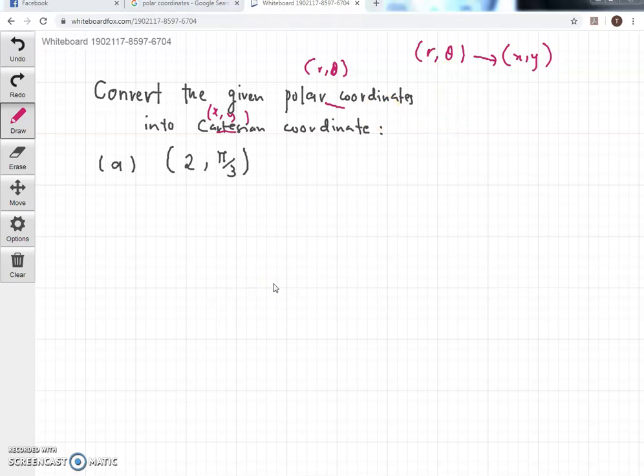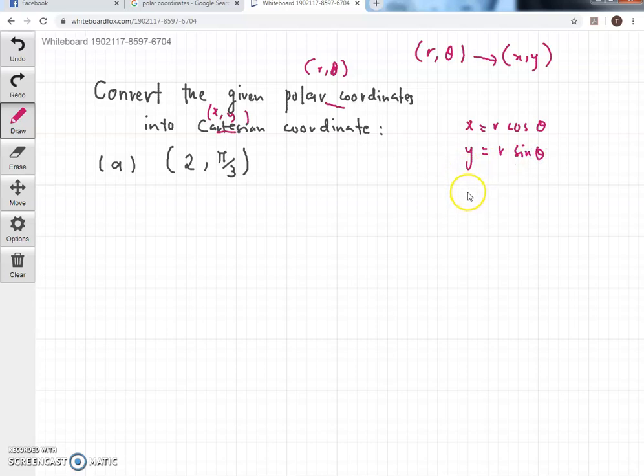Okay, here we are going to use the relations that we learned in our very first video. Let me write them again. The first formula that we have is x equals r cos theta, y equals r sin theta.